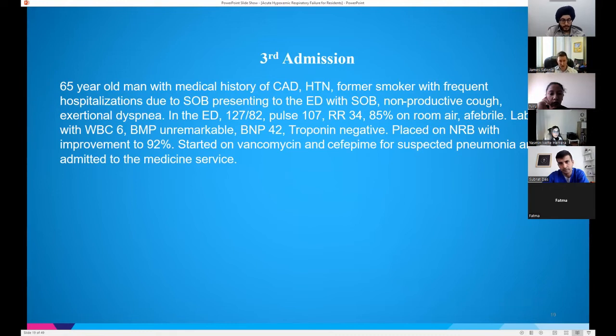Labs are fine, no leukocytosis. BNP is unremarkable. BNP is 42. Sabrat had to get the BNP, rule out heart failure. Troponin's negative. The ED places him on non-rebreather with improvement to 92%. They start vancomycin and cefepime for suspected pneumonia, and they admit to the medicine service. They like to just throw on non-rebreather and say, hey, he looks okay. So we'll admit to the medicine service.